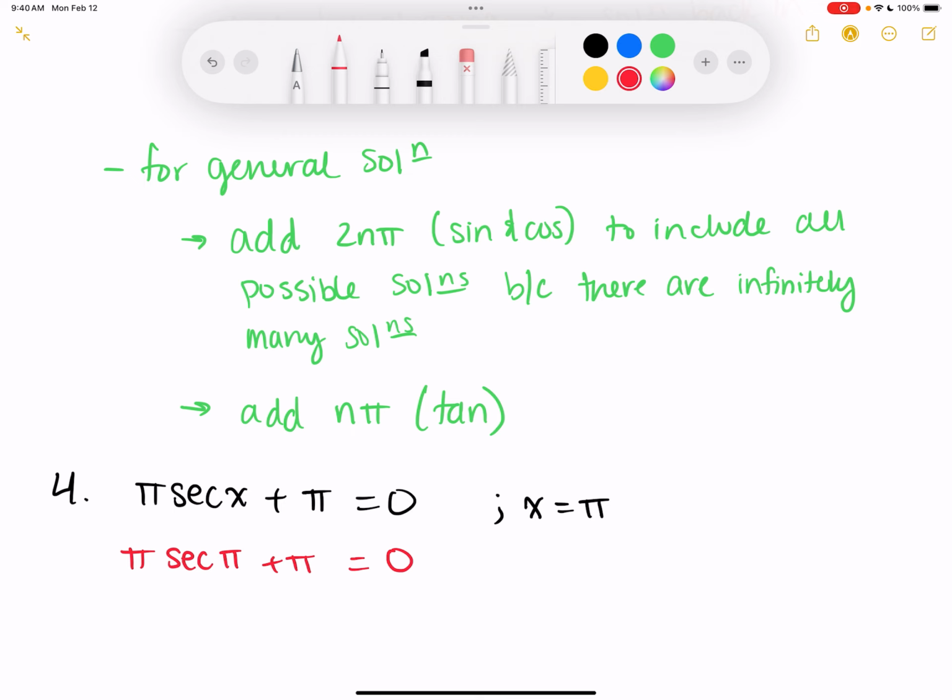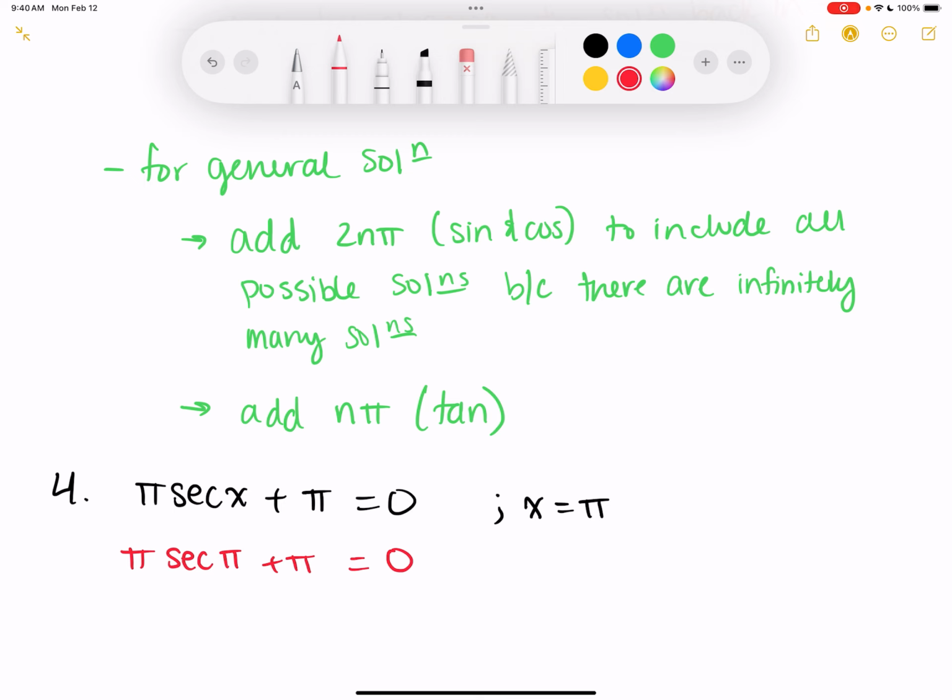Now, secant of pi is not on our unit circle, but we can easily find it. So what is the secant of pi? What trig function is secant associated with? Cosine.